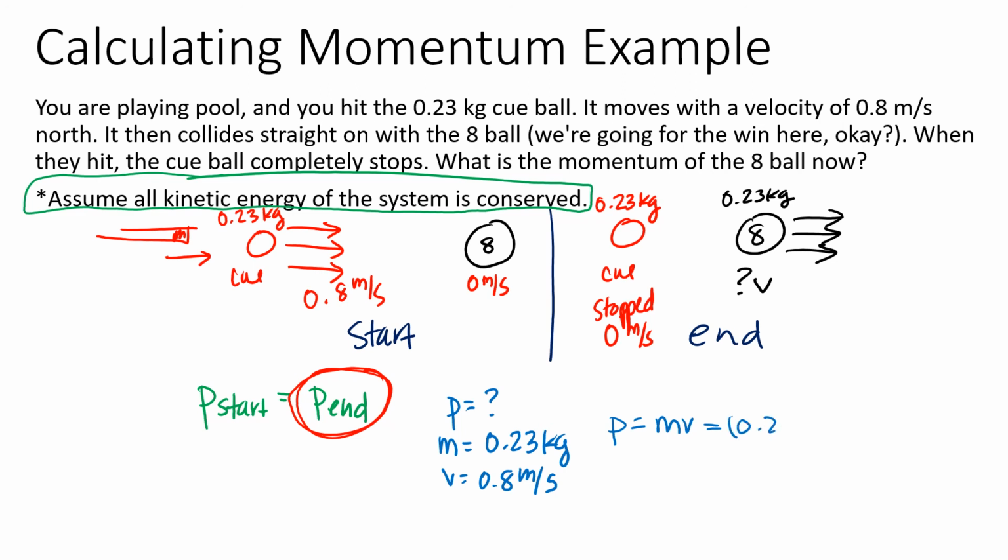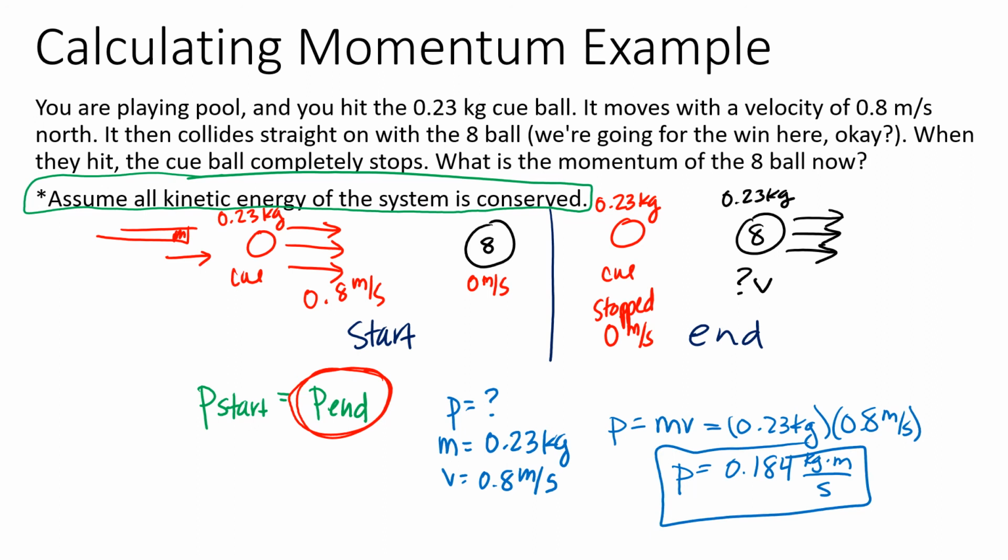So 0.23 kilograms times 0.8 meters per second. If we multiply those two together, we get the momentum of the cue ball to be 0.184 kilograms times meters per second. So if that's the momentum at the start, that also has to be the momentum at the end, which is completely transferred to our 8 ball.